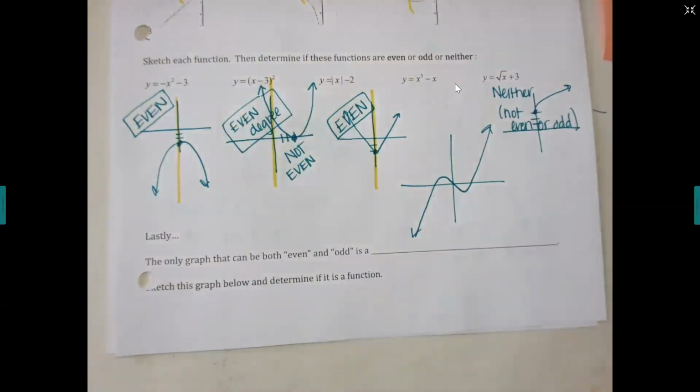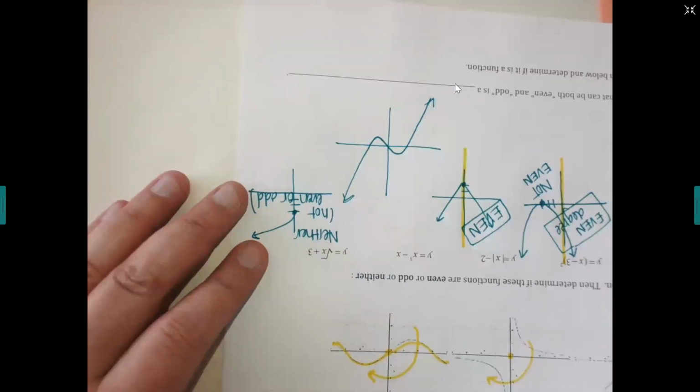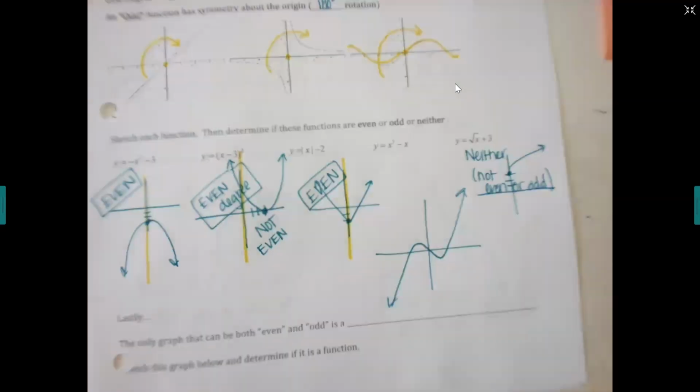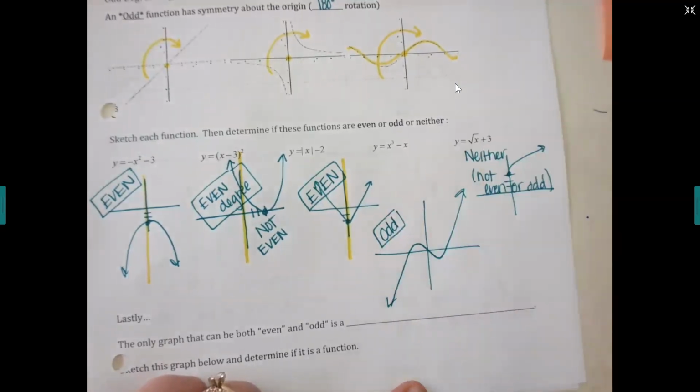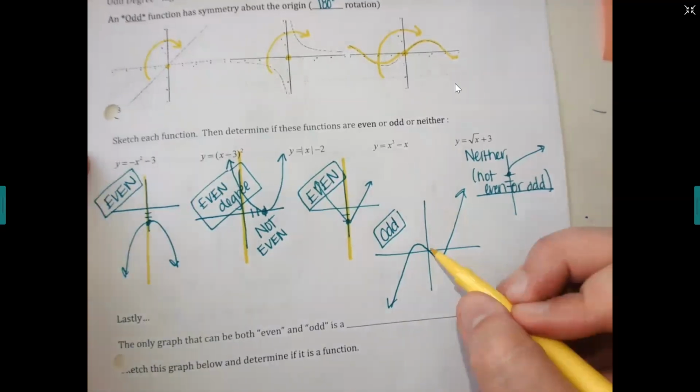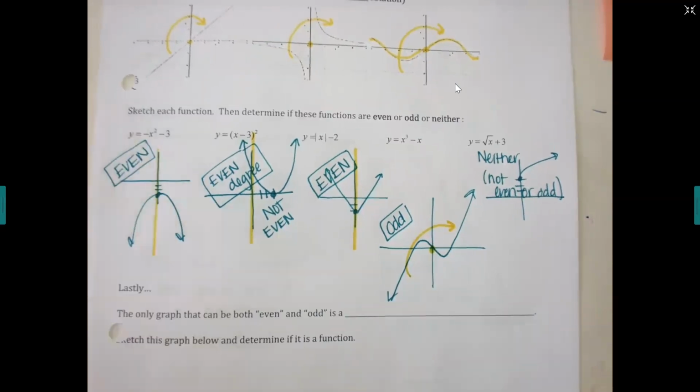It's odd because your ends are opposite. Is it also purely odd? If I take my graph and I swivel it 180 degrees, would it be in the exact same position it's in now? Yes, it would. Okay, if you're not sure, look at it and then just flip your paper. See how it looks the same? Okay, no matter which way I do it, that means that this is not only odd degree, but it's purely odd. Because if I swivel my graph 180 degrees, it would look exactly the same.